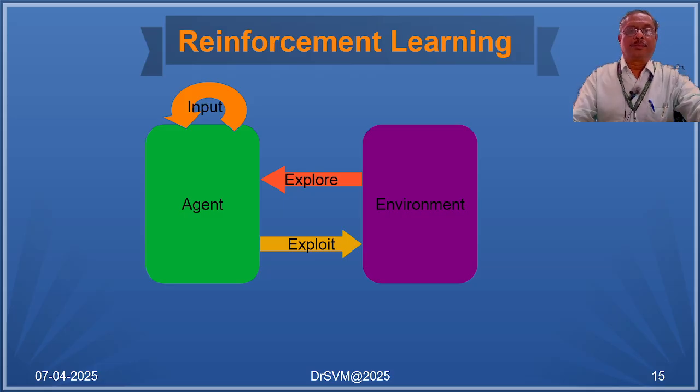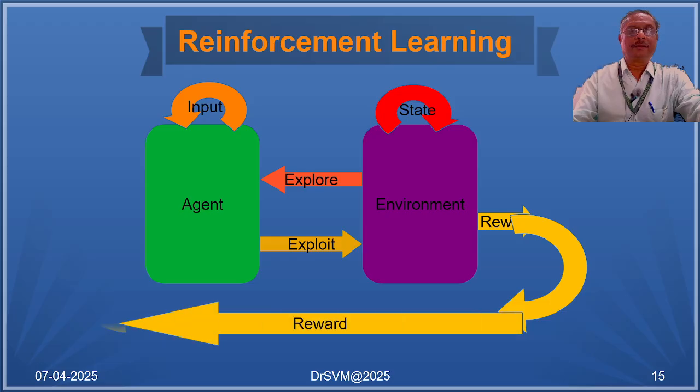With the exploitation, the state of the environment will change, and because of this, a positive or a negative reward is produced, and that is fed back to the agent, and this process continues.